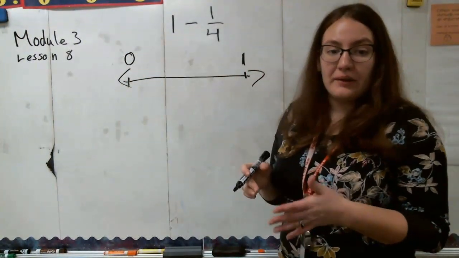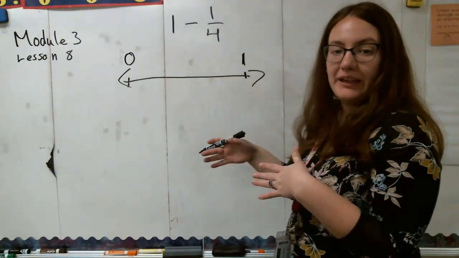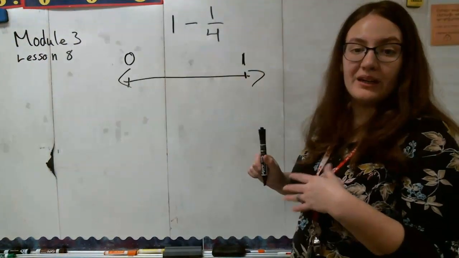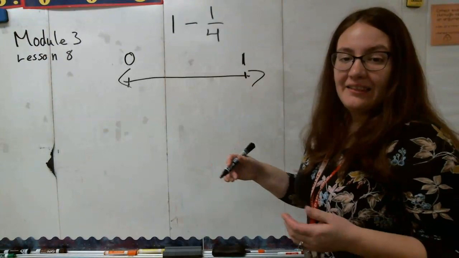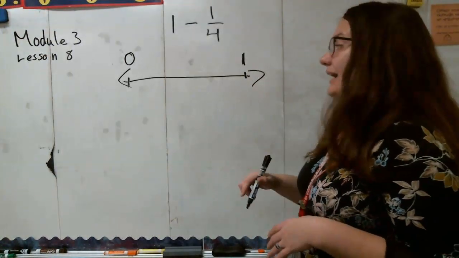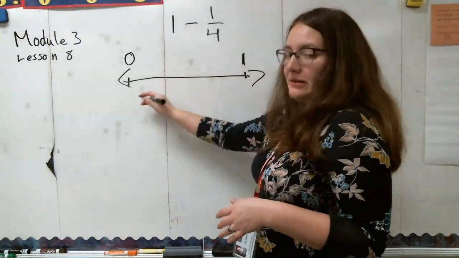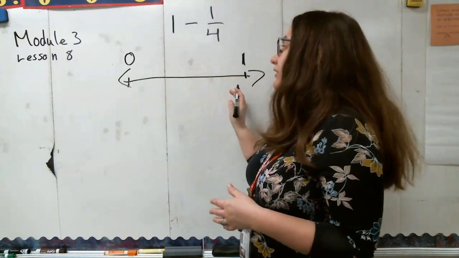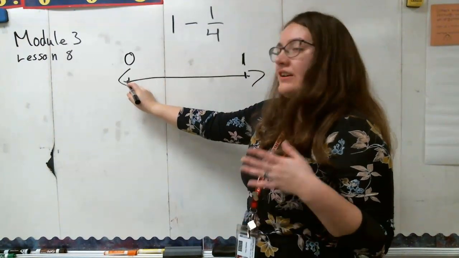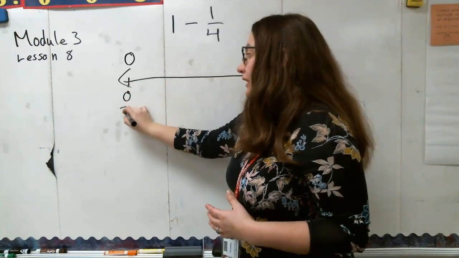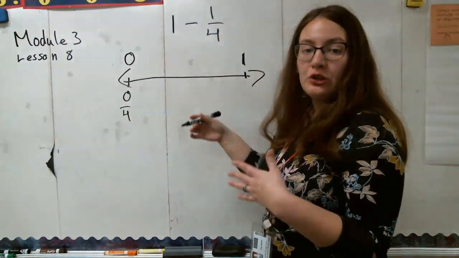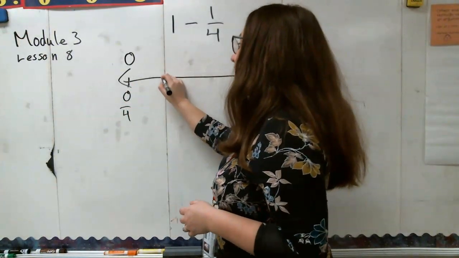So now I'm going to split my number line up into fourths, because that is my denominator, and then show my work to find my answer. It doesn't matter which way you go, whichever way works for you. You can start over here and think of this as 0/4, kind of like a throwback to the lesson 1 problems that we had done.